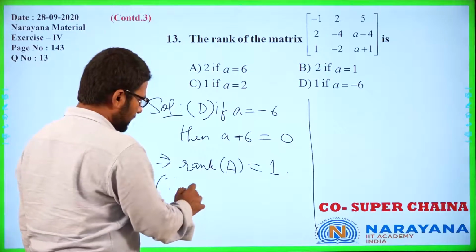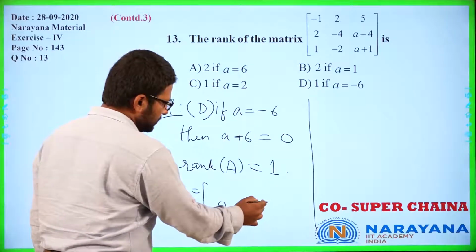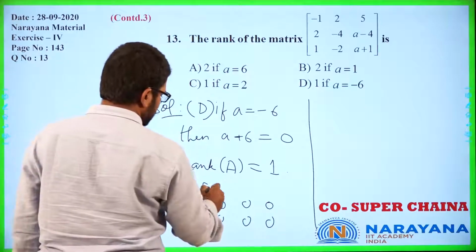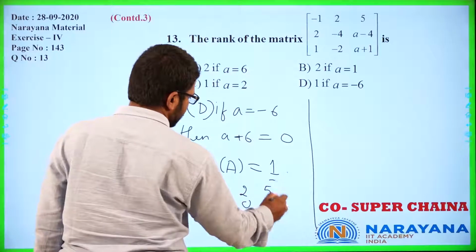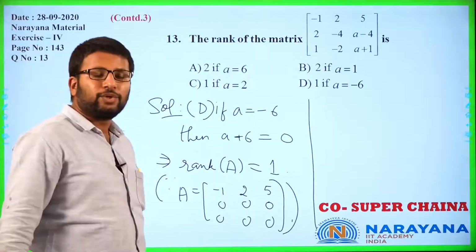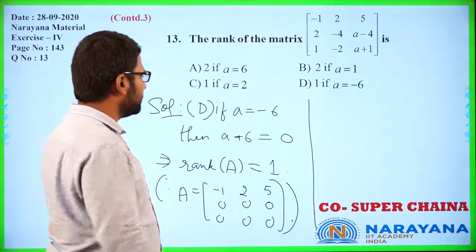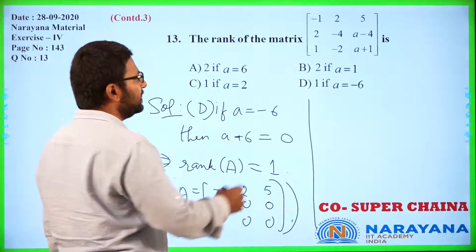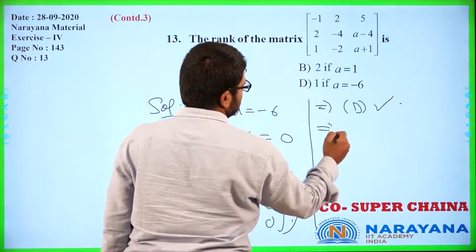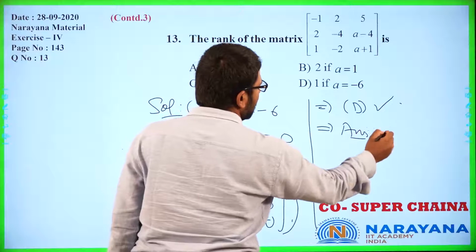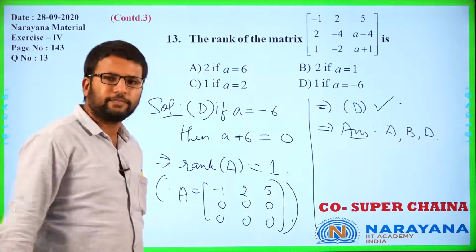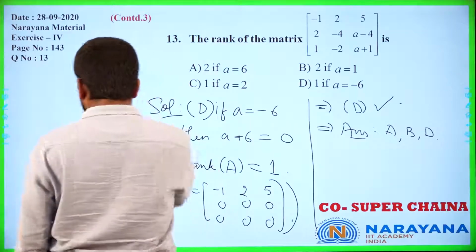Since A would become 0, 0, 0, 0, 0, 0, what are the other elements? Minus 1, 2 and 5. So there is only one non-zero row. Therefore rank of A is equal to 1, which means option D is also correct. So your answer here would be A, B and D. Got it? Yeah? Let us proceed then.